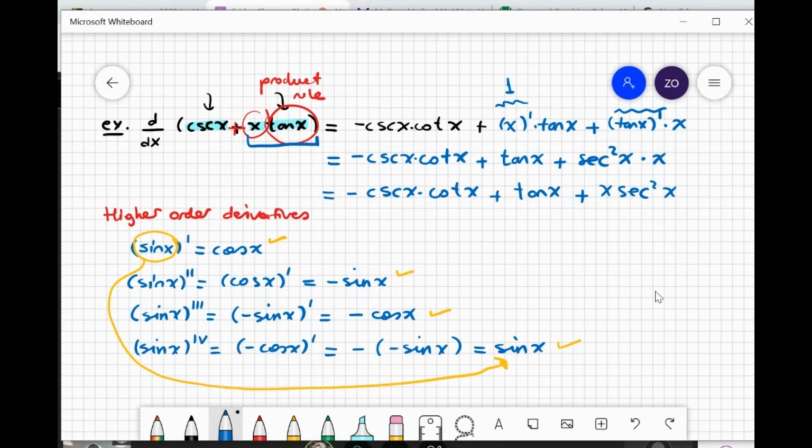Okay, so in fact, if you want to find the fifth derivative of the sine function, well, better notation, let me just use that one. d over dx to the fifth derivative.